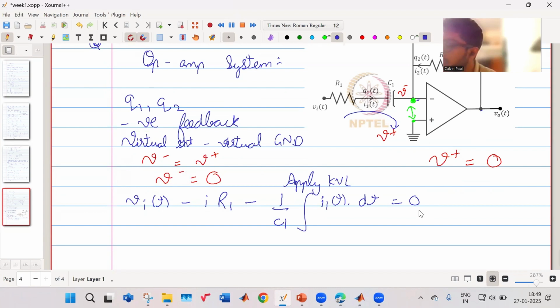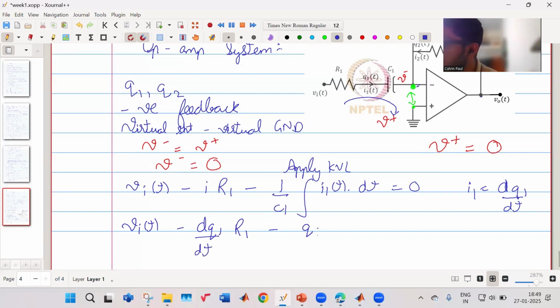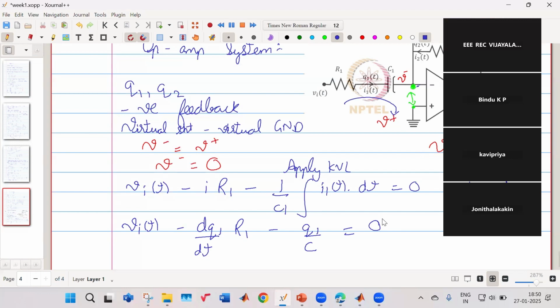Then sir considered that I1 is actually dq1 by dt. So you get Vi of t minus dq1 by dt into R1 minus q1 upon C1 is equal to 0. Any doubts in this? Like how these equations have come?